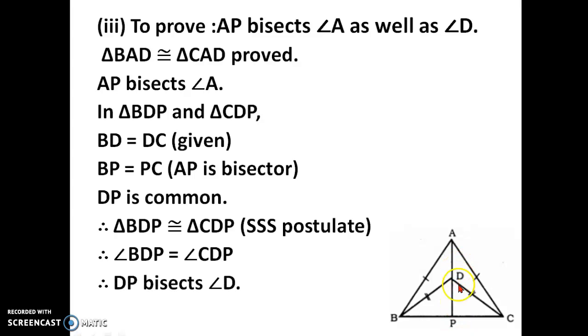It means that DP bisects angle D. For the bigger triangle we said these two are congruent, so by corresponding parts AP bisects angle A. And for the smaller triangle we proved that these two triangles are congruent, and these two angles are corresponding parts of congruent triangles, so these two angles are equal. That means DP is bisecting angle D. So it is proved.